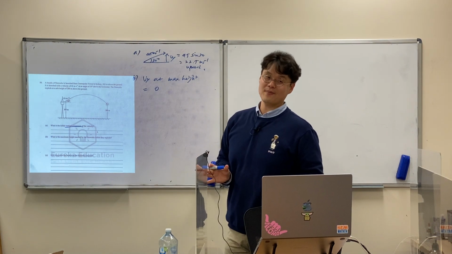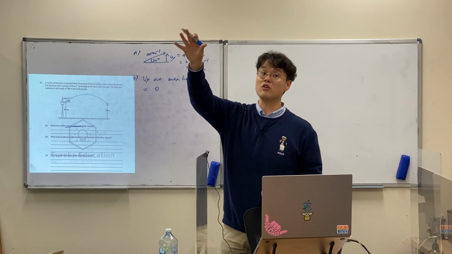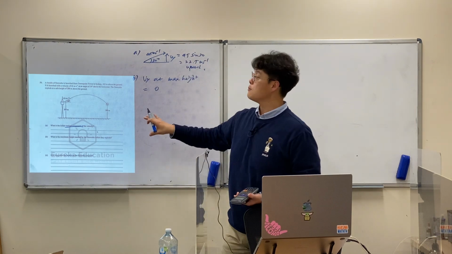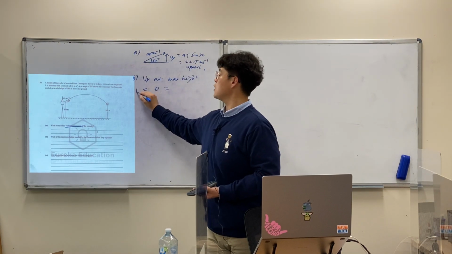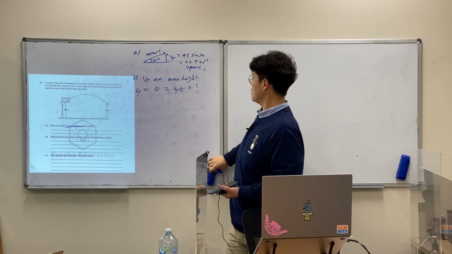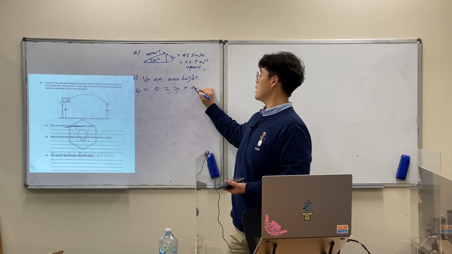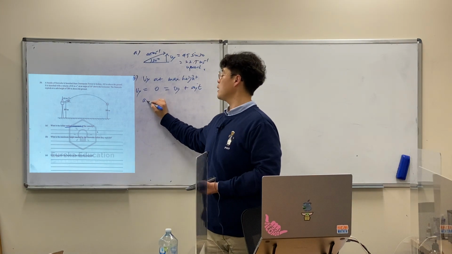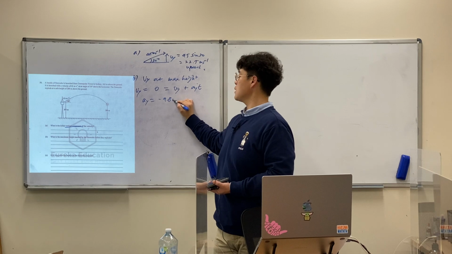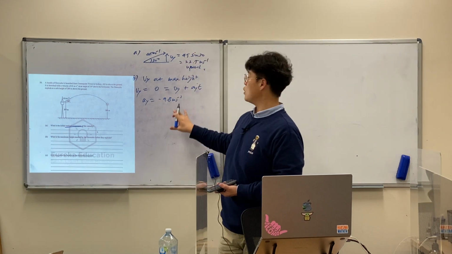Simple as that. When we reach the maximum height, it's not moving further up or down. So vy equals 0 equals uy plus ay t, where ay is minus 9.8 meters per second squared. Therefore, now we can use that 22.5.